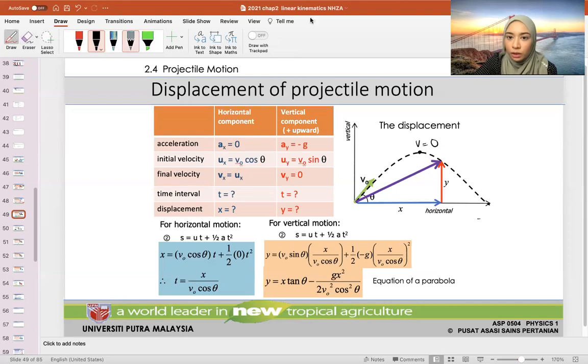Vy. Kenapa? Ramai yang jawab. Okay, so Vy. Betul Vy, but why? So Vy equals 0. Why is it Vy, not Vx?